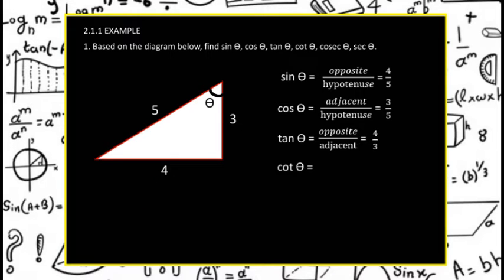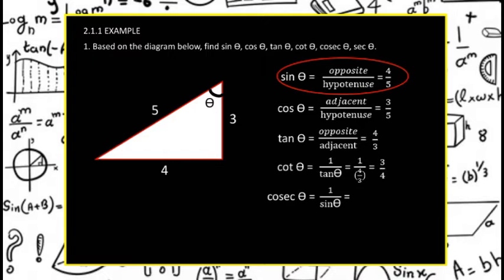Cotangent theta equals 1 over tangent theta. We already know tangent theta equals 4 over 3, so 1 over 4 over 3 equals 3 over 4. Cosecant theta equals 1 over sin theta. We already know sin theta equals 4 over 5, so 1 over 4 over 5 equals 5 over 4.